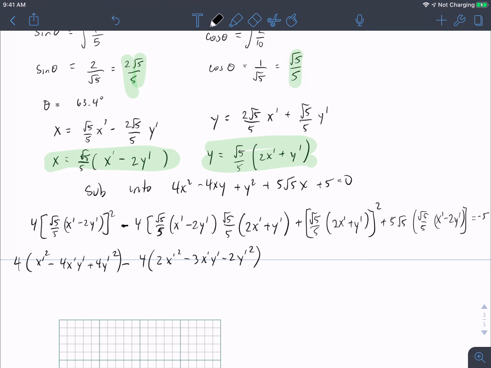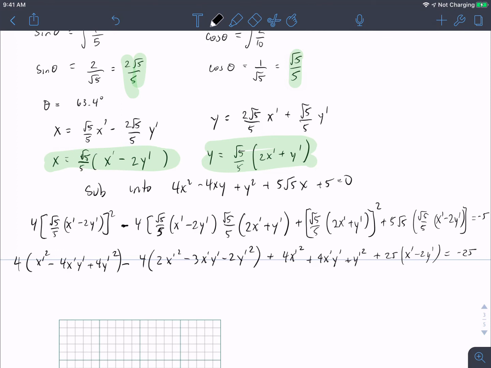That's that second term, plus 4x' squared plus 4x'y' plus y' squared plus 25x' minus 2y' is equal to a negative 25.